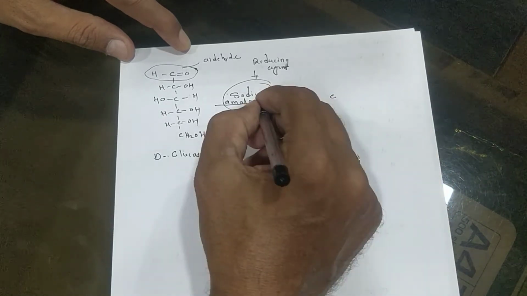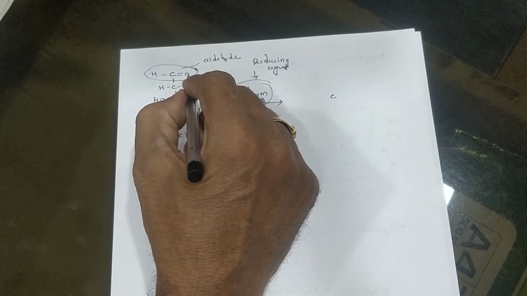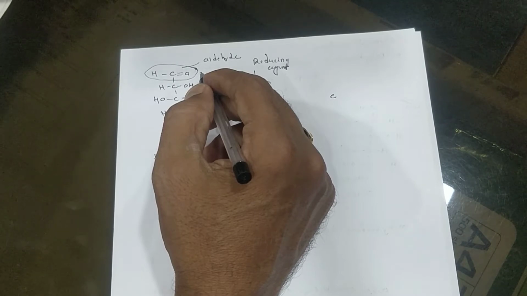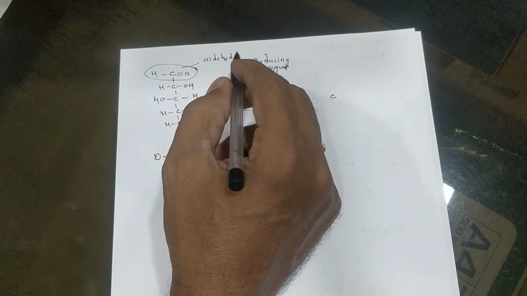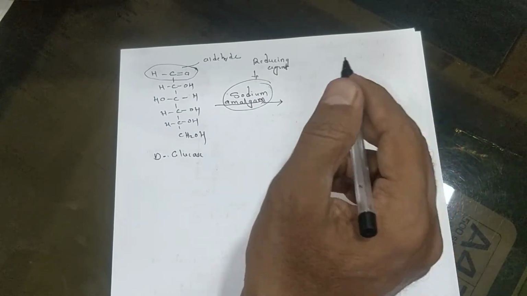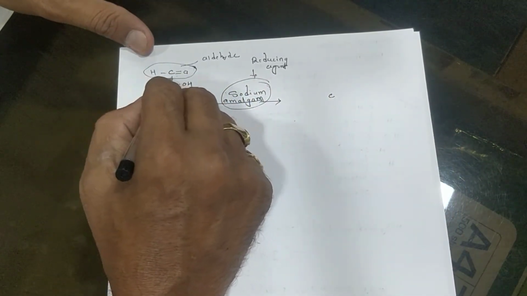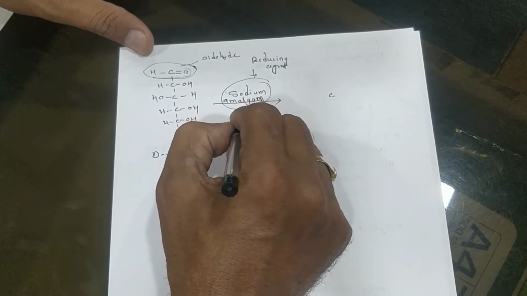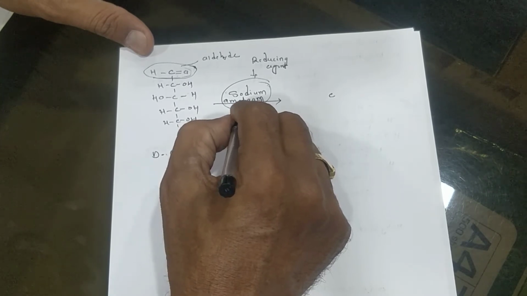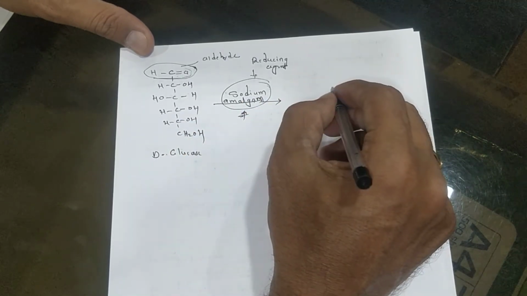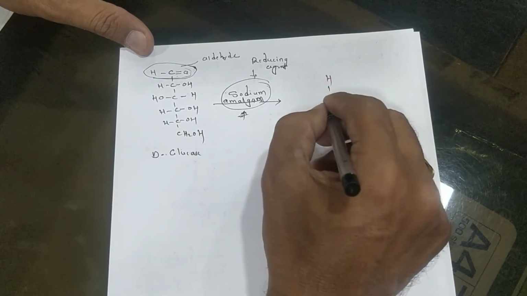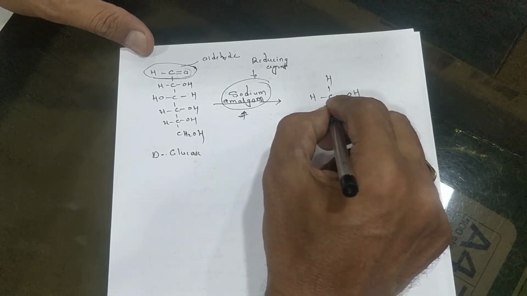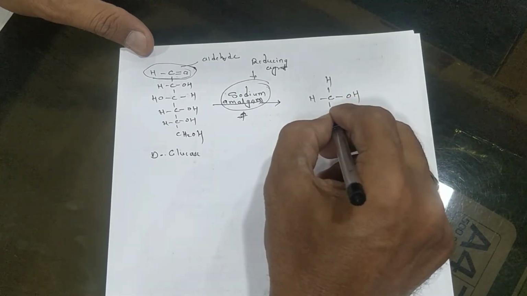Reduction reaction means addition to the monosaccharide's aldehyde or ketose, and it gives the corresponding alcohol. Here the change takes place only at the aldehyde group, not the other parts of the compound. Now what is the sodium amalgam? It is the addition of hydrogen molecules, and then it gives the alcohol, then H, then OH.